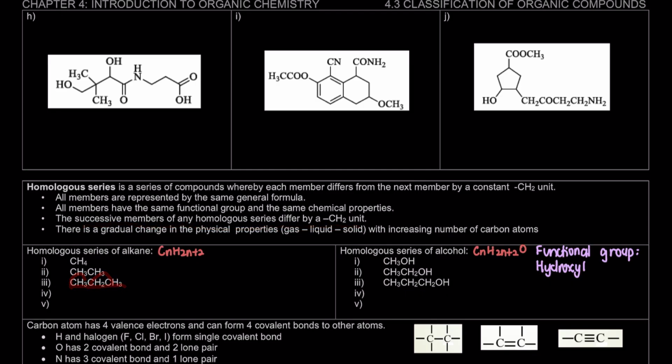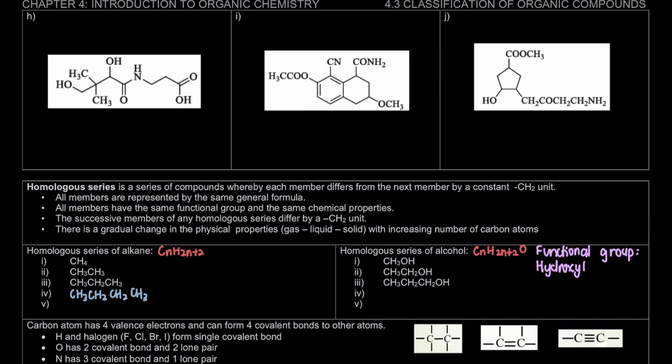If we have 4 carbon, we're going to add CH2 in the middle here, so it will be CH3, CH2, CH2, CH3. If we have 5 carbon, we're going to add another carbon with H2. That is what is meant by the successive members of any homologous series differing by a CH2 unit.